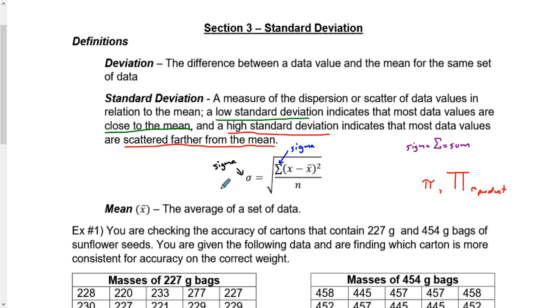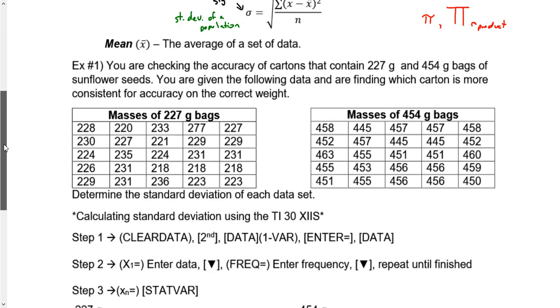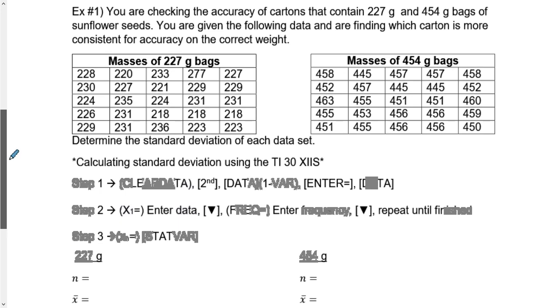Now, what we are going to be doing is a standard deviation of a population. And I'll refer back to that in our first example. Of course, we also need to make sure that we know our mean, which is the average of a data set. That's what that X bar is. So yes, we are going to go back to our first section where we have different bags.